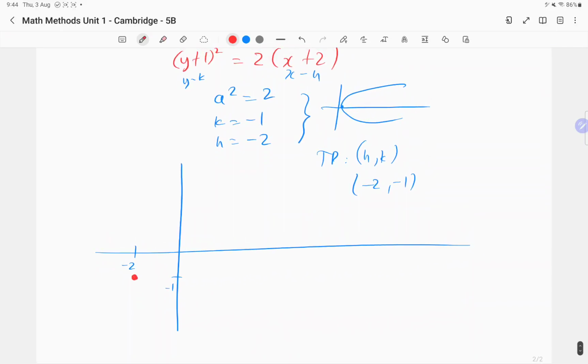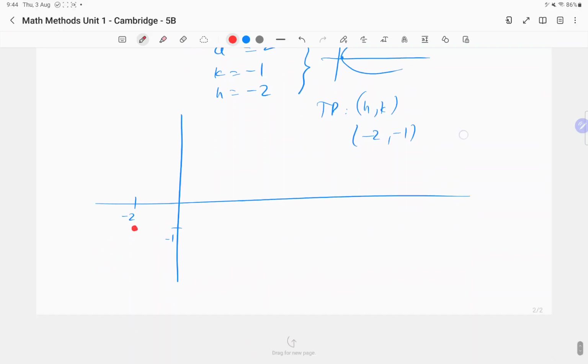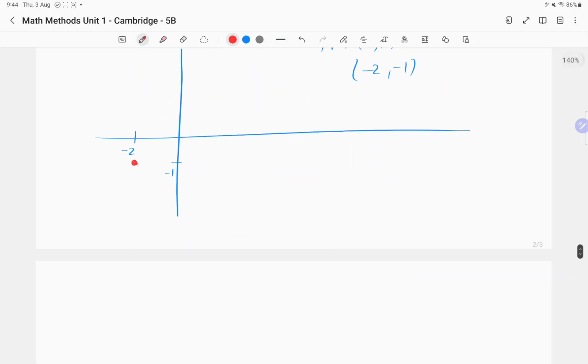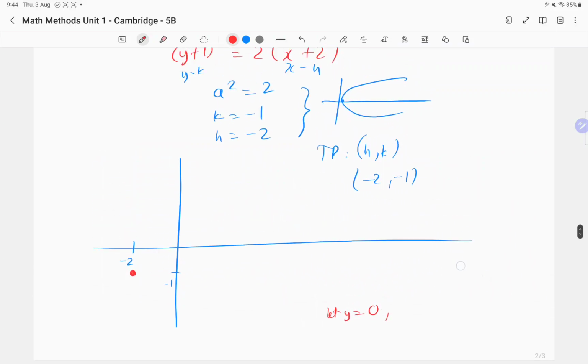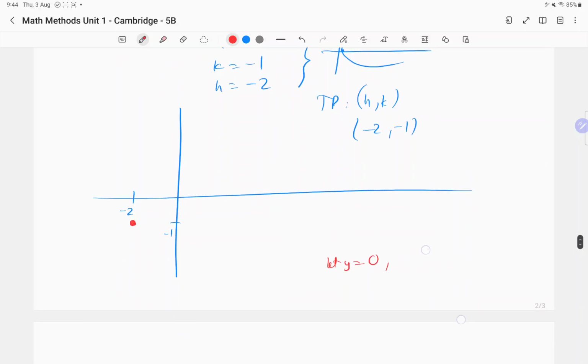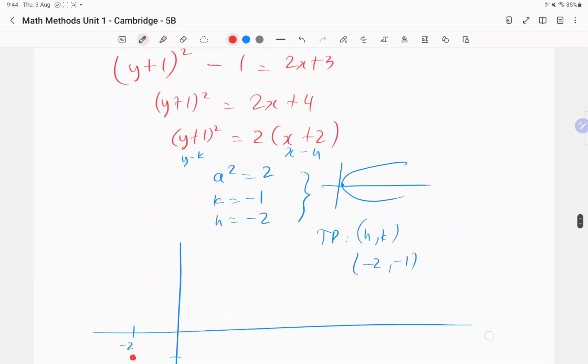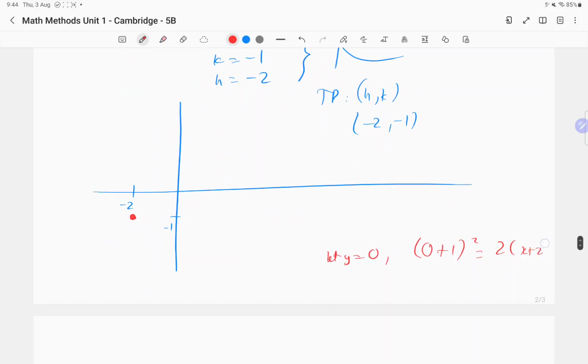Now we need to find where it meets the x-axis. Okay, we know it roughly goes over here, but is it like that, like this, or like that? We don't know. So we need to find the x-intercept first. So let y equal 0. Then you would get (0 plus 1) squared equals 2 times (x plus 2).